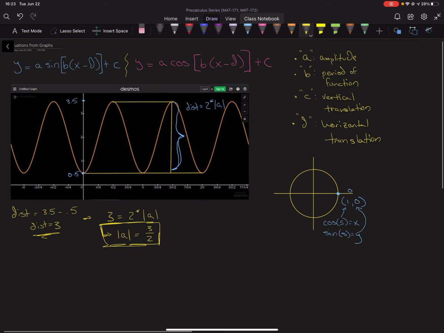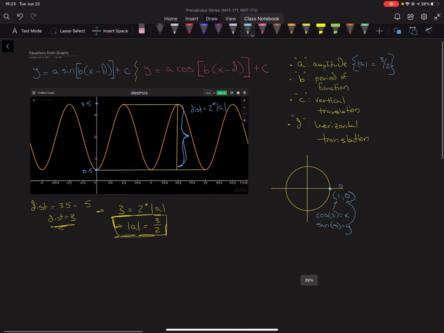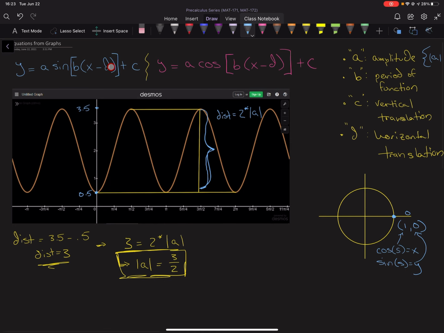All right, so let's document what we have over here. A is going to be 3/2. All right. So now moving on down our list, we need to determine B, which impacts the period of our function.